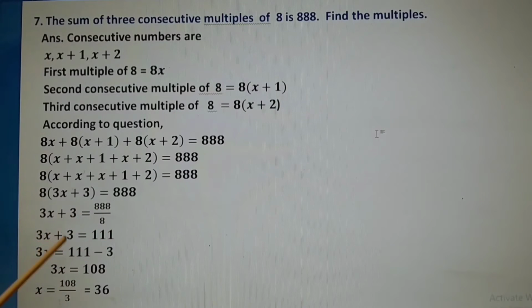Plus 3 is on the left side of the equal sign, so it becomes minus 3 on the right side. That is 3x is equal to 111 minus 3. That is 3x is equal to 108. Left side multiplication, on the right side of the equal sign it becomes division. That is x is equal to 108 by 3, that is equal to 36.